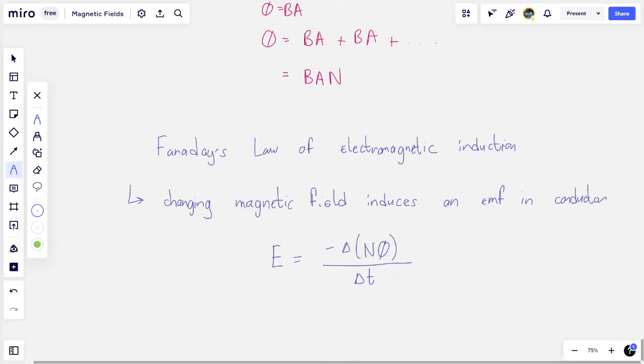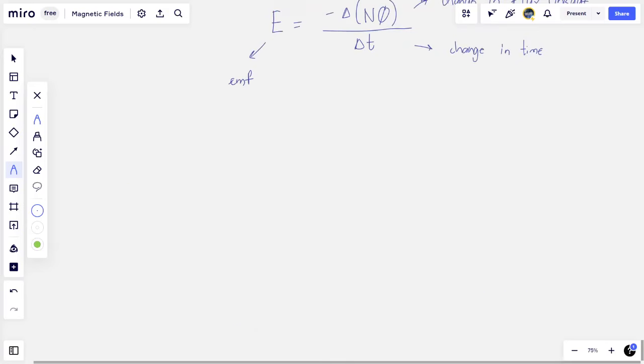It has to be a change in flux linkage in order for the EMF to exist. So the rate of change of magnetic flux linkage with a minus sign gives me the EMF produced in a conducting wire.